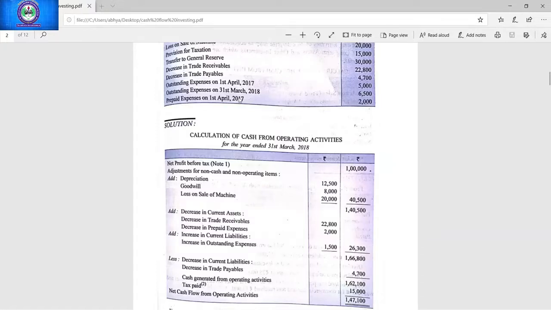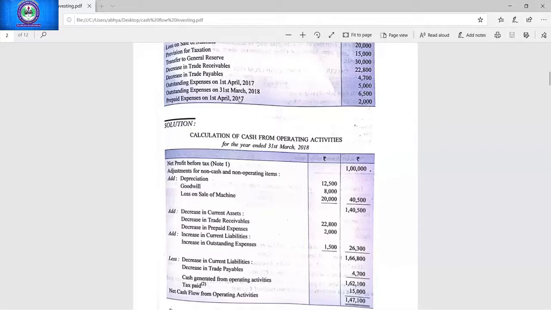Please tell me, students. Closing balance is nil. Yes, in the beginning, the opening balance was 2,000, and in closing, there were no prepaid expenses. It means prepaid expenses are decreased. Decrease means plus, so we have to add it.